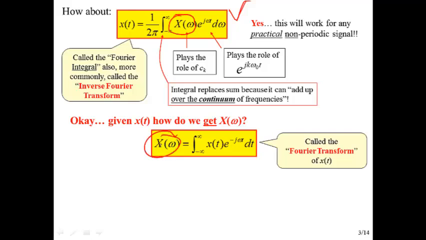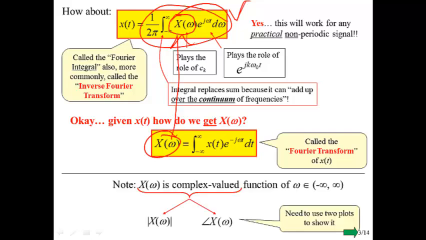So we say X of omega is the Fourier transform of x of t. Then we use that up here to build x of t in a way very similar to the Fourier series. Now remember, X of omega is complex valued, just like the c sub k's. So we're going to need two plots, one to plot the magnitude versus omega, and one to plot the angle.